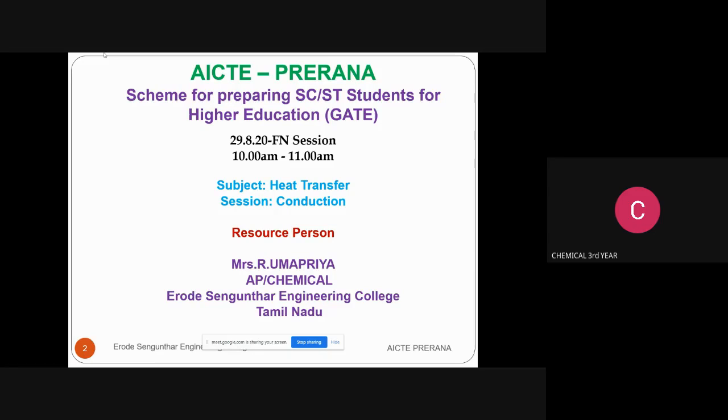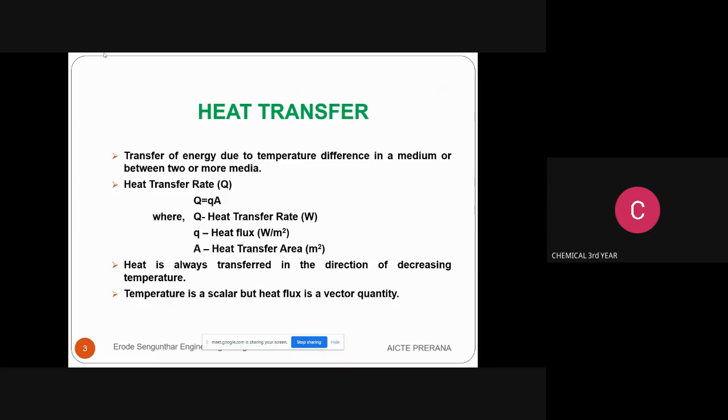Okay, before going into this session, first, in brief, we'll discuss what heat transfer is and what the different modes of heat transfer are, and particularly how conduction differs from all the other modes.